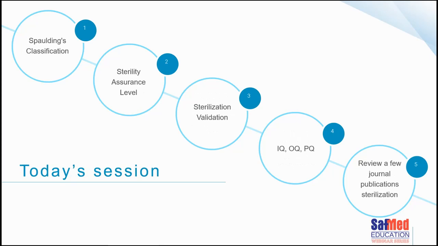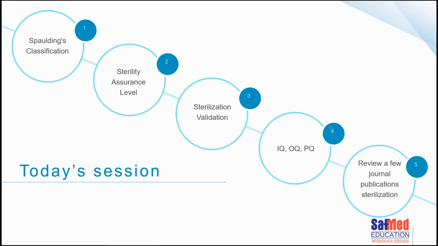For today's session, we're going to focus on a few concepts, the first being Spaulding's classification, something that you know a lot about already, but we need to remind ourselves of where we're at. Then we'll learn about the term sterility assurance level, and we'll dive into that in a little more detail. We'll look at sterilization and what sterilization validation actually is.